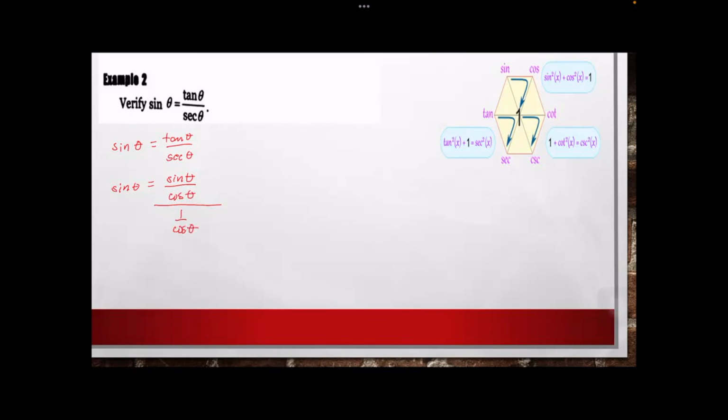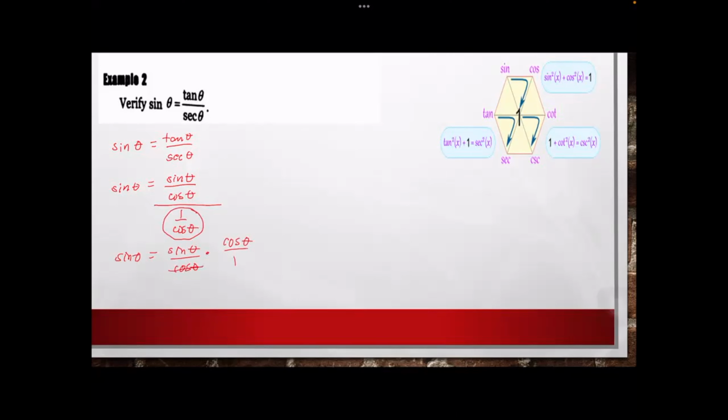Next, we have now the complex fraction. So, gano'n tayo ng reciprocal. So, this will be sine theta is equal to sine theta over the cosine theta. Multiply natin yung reciprocal denominator, which is the cosine theta over 1. And after this, we can cancel this.